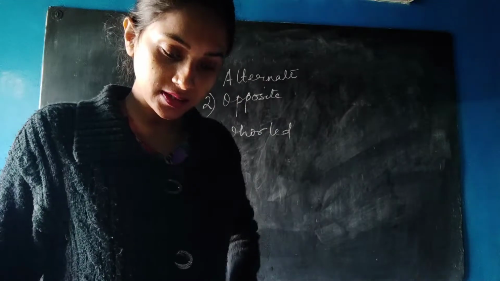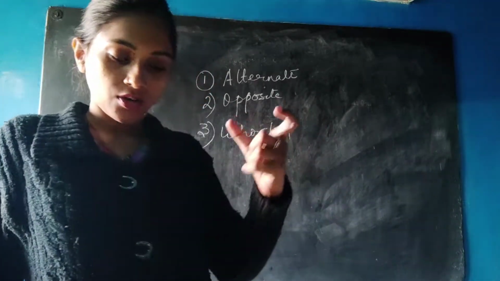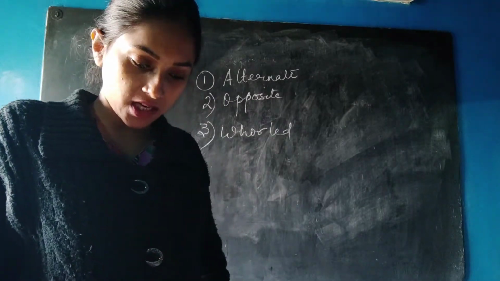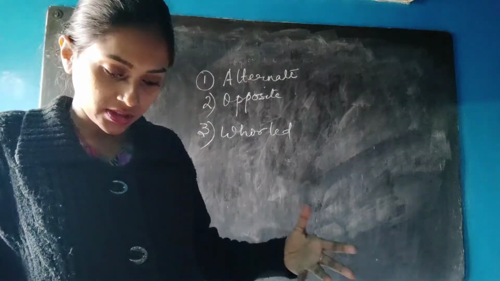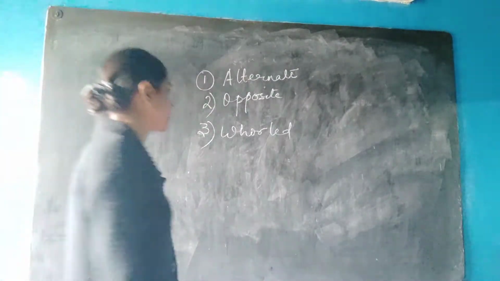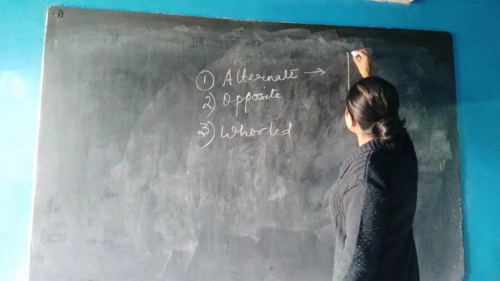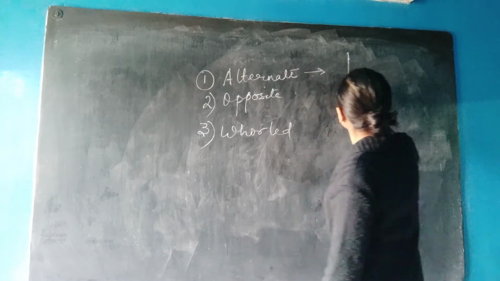Now alternate arrangement. In this type of arrangement only one leaf rises from each node. The leaves are attached to the stem in a spiral pattern. Some examples of plants with alternate arrangement are sunflower, mango. That means in case of alternate, suppose this is the stem and it is having 1, 2, 3, 4 nodes.